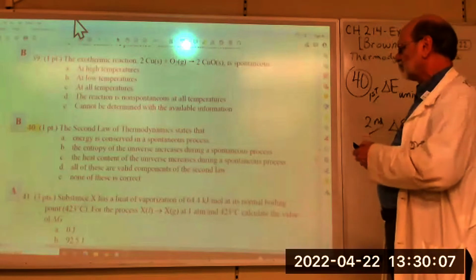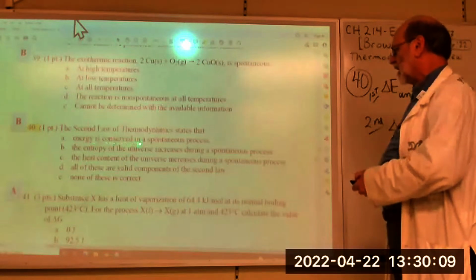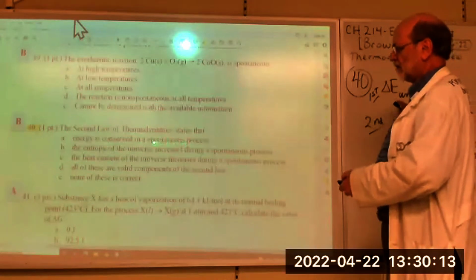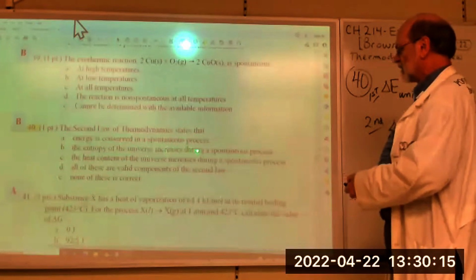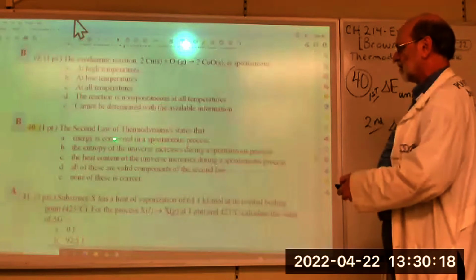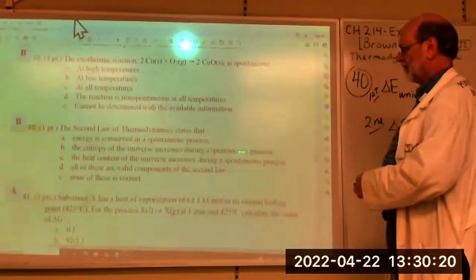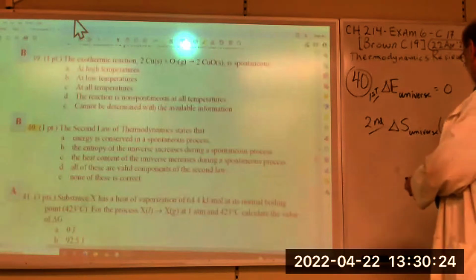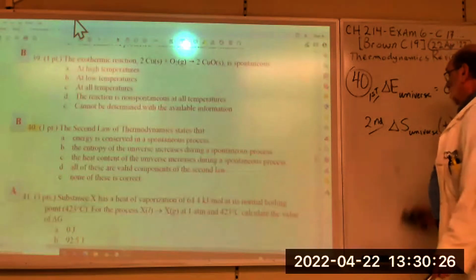So let's see. Nope, energy conserved, that's the first law. Entropy of the universe increases during a spontaneous process, that's it. Alrighty then, that's 40.